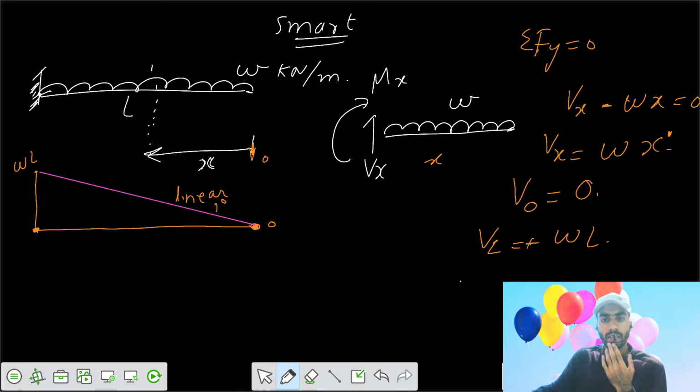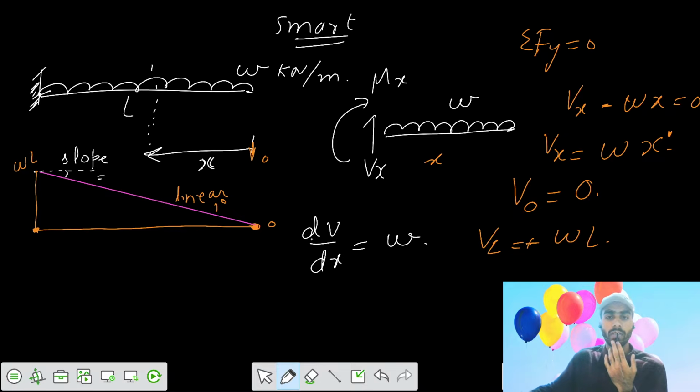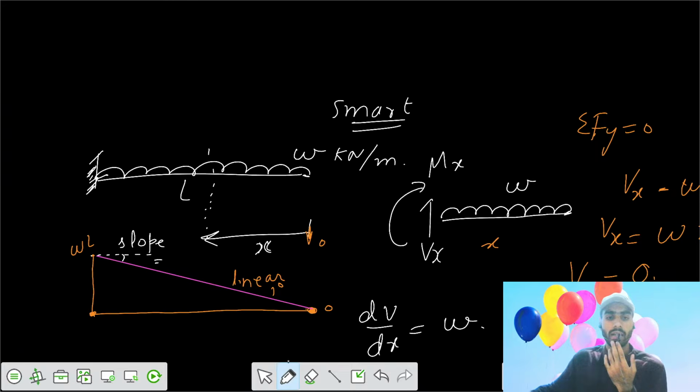So what is the slope of that line? What is the slope? Tangent of theta. What is the slope here? We have the equation dV by dx equals loading intensity, positive. If the loading intensity was upwards when we derived the equation, we kept the loading intensity as upwards.